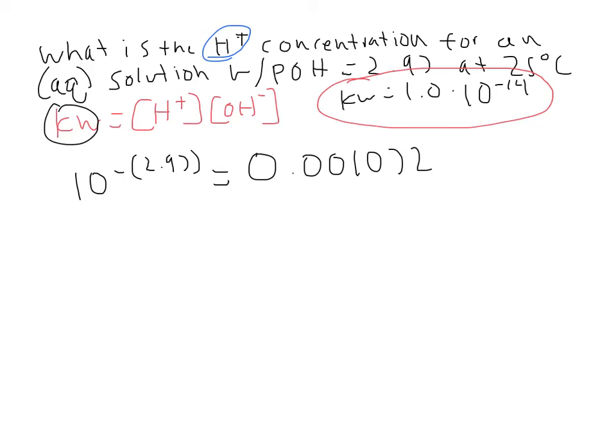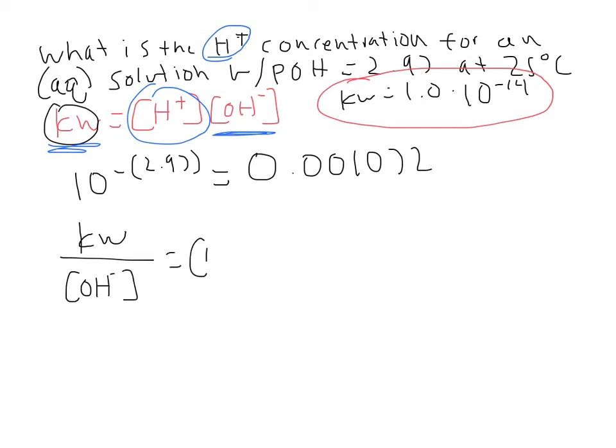Alright, so now we just got to solve for the unknown. We know the value of Kw, and we know the value of OH minus. We do not know the value of H plus. So pretend that's X and just do simple algebra here. Kw divided by OH minus equals the concentration of H plus. Do this out, you should get something like this.